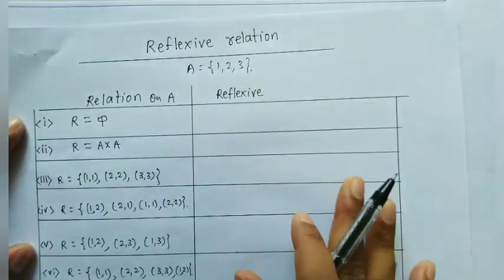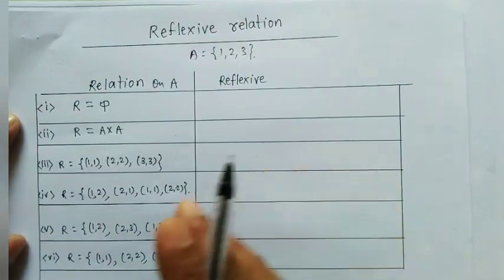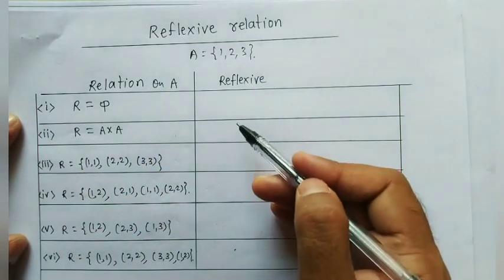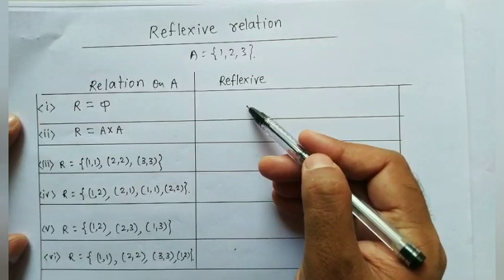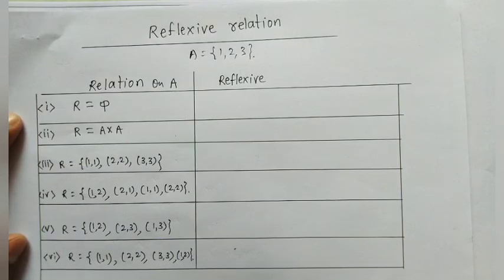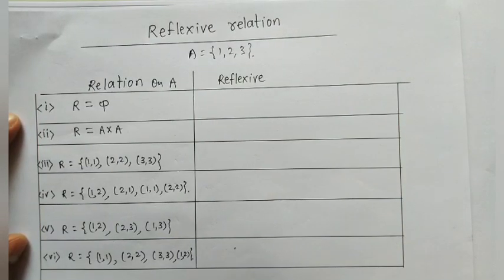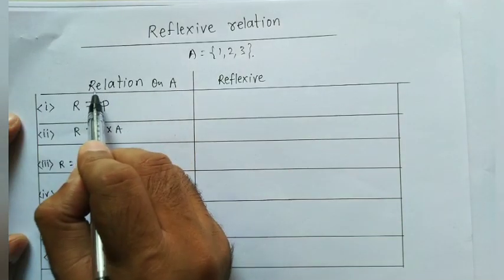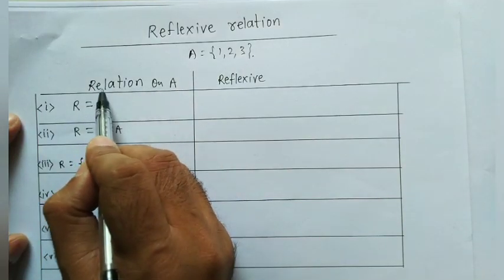Based on this set we have to answer whether the relation on set A is reflexive or not. In this column we have to fill yes it is reflexive or no it is not reflexive. Idea is clear? Okay students, one thing I want to recall for you: can you understand this thing, relation on A?